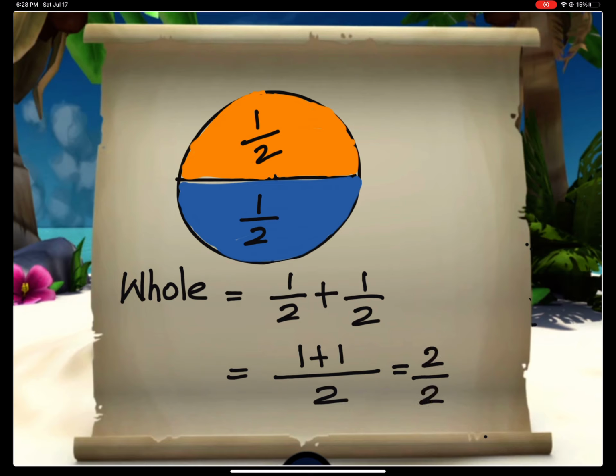So same number divided by same number, in division, will be 1 whole. So half and half becomes 1 whole.